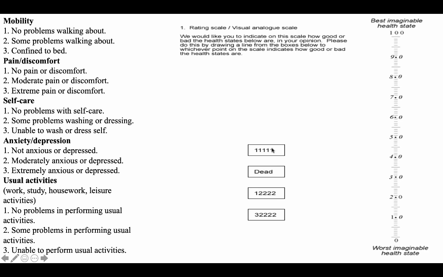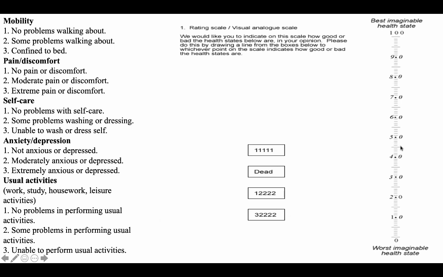And it goes from perfect all the way to dead. I'm guessing dead would be 0 for most people, but you'd be surprised that some people don't put dead as 0. And then it gives you a couple other health states where mobility is no problem whatsoever, but you've got some other issues, and then another one where mobility is basically 0, bed confined, and you've got some other issues here.